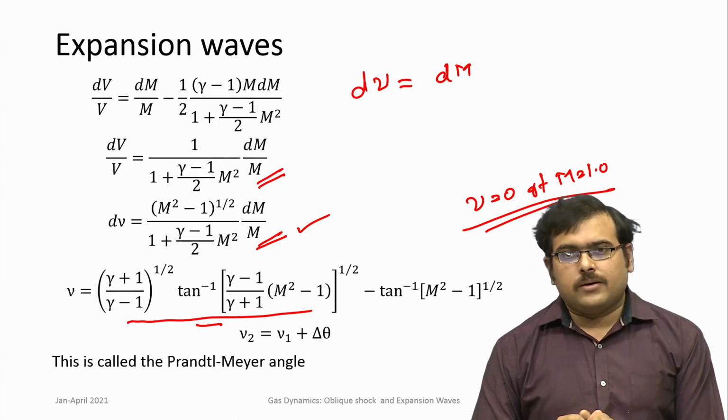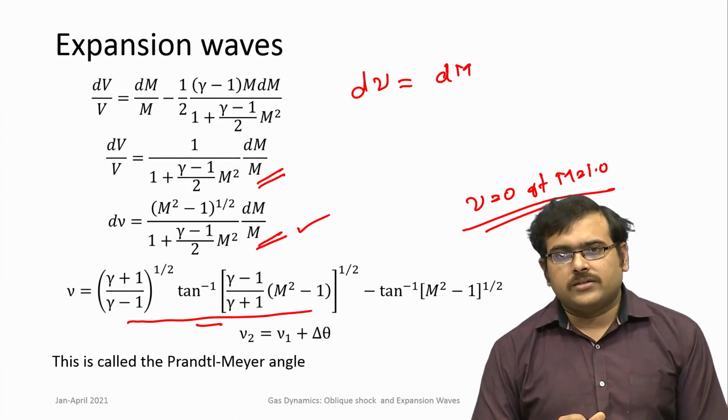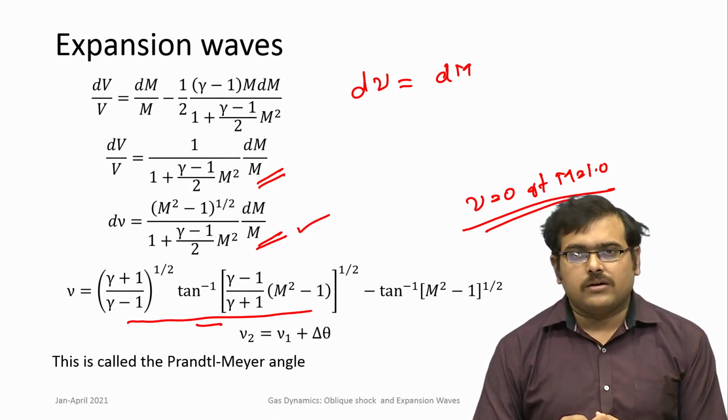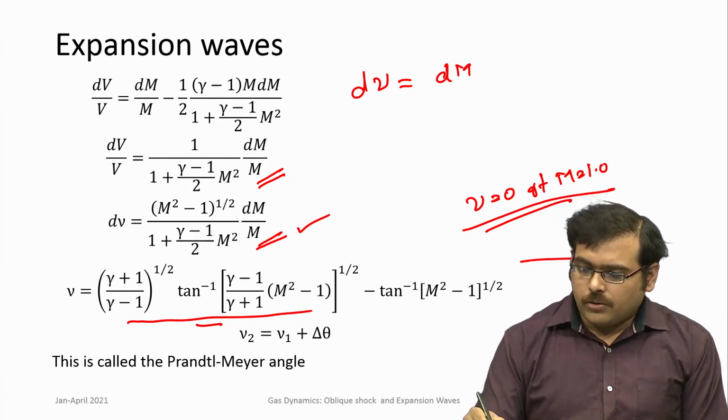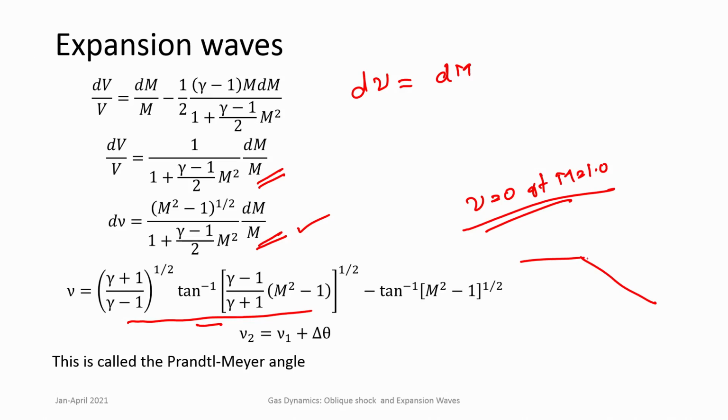Now how is the Prandtl-Meyer angle related to the change in angle during a flow turn? So the flow turns by an angle delta theta. Before this flow turn, the Prandtl-Meyer angle is nu 1, and this is nu 2, and nu 2 is nu 1 plus delta theta.